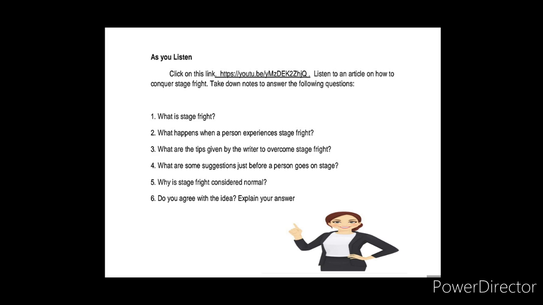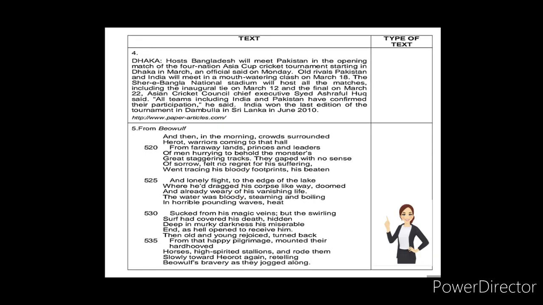After each performance, when your audience gives a standing ovation, acknowledging your extraordinary performance, bow your head gently and be humble. Okay, now that you're done reading the Conquering Stage Fright, you may now answer the 6 questions.